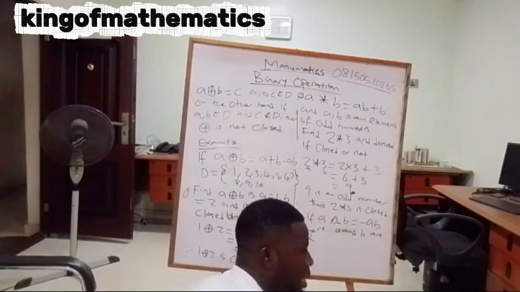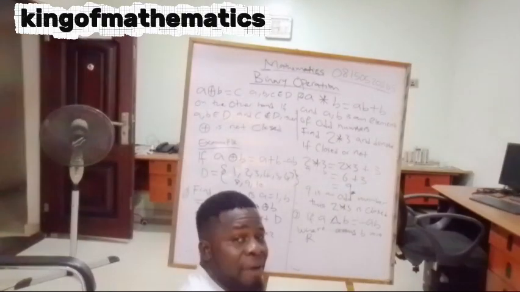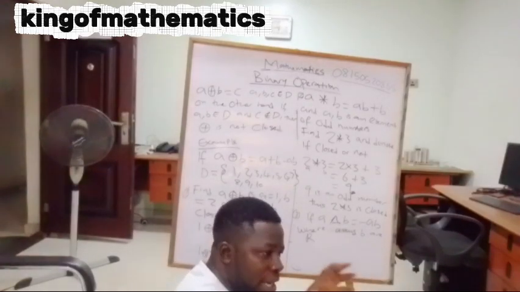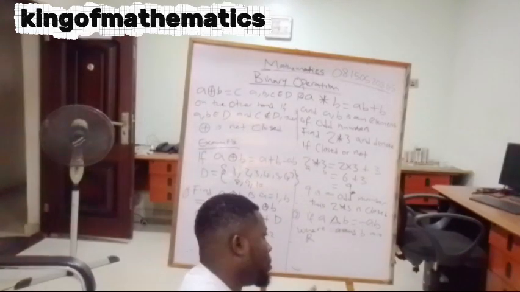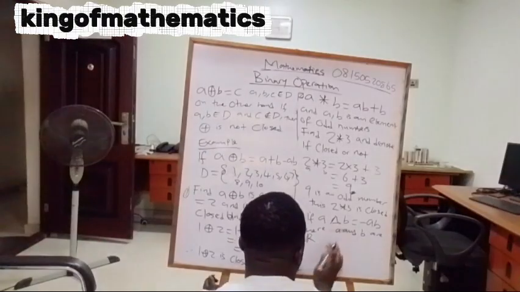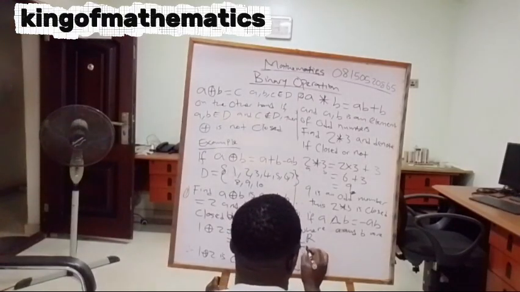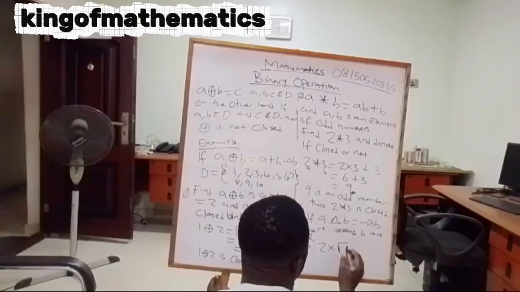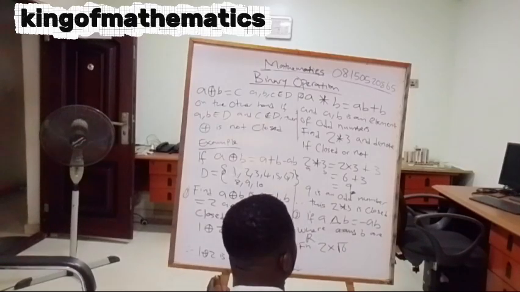So we know real numbers. Real numbers are from negative, or we have from 1, 2, 3 like that. Those are real numbers. Now they say find 2 operation root 6. And you find it.